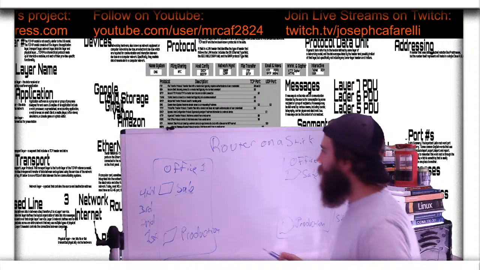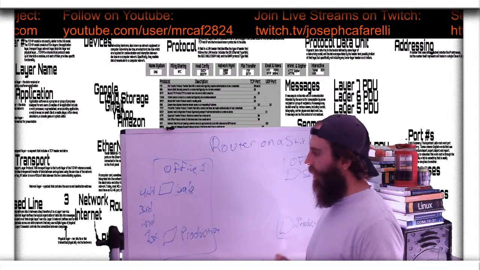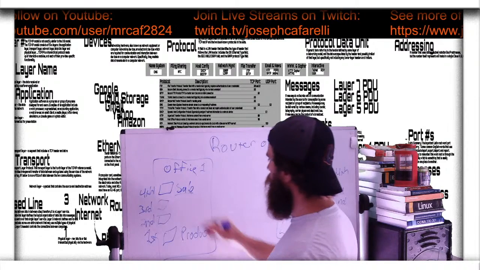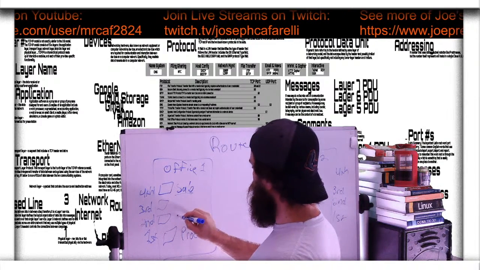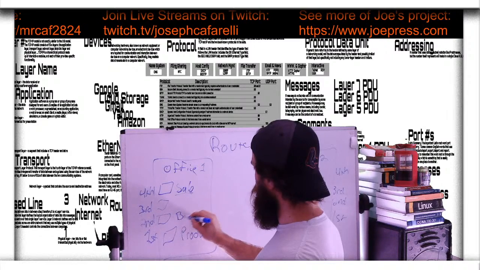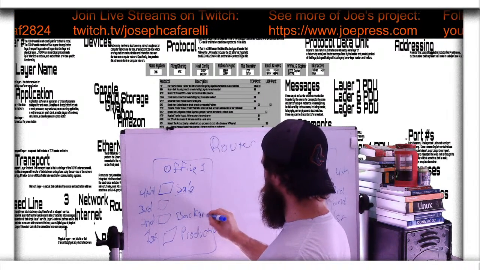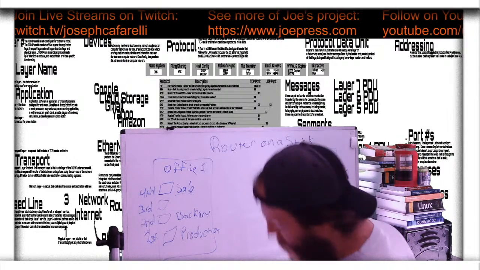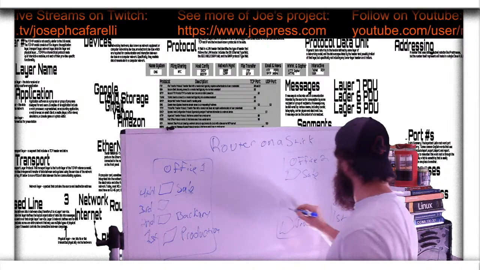All right. So like I was saying, let's add a couple more departments in here today. Say we have the bakery. We added a bakery in here. Am I even spelling bakery right?